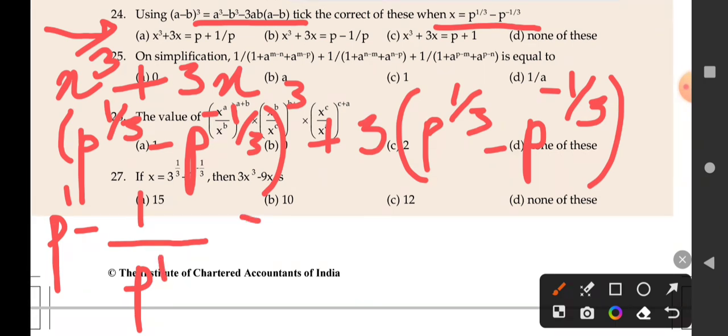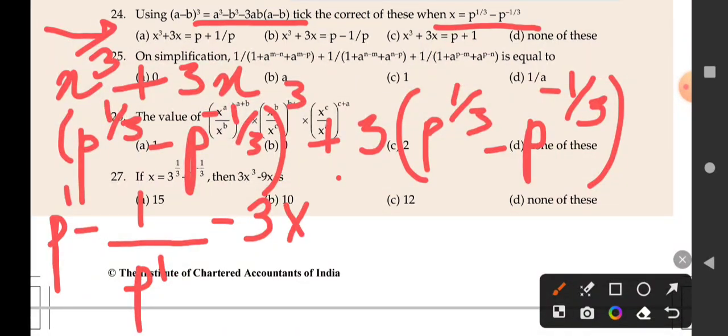Then the formula is minus 3a into a minus b, so minus 3ab. AB, if you multiply p raised to 1 by 3 into p raised to minus 1 by 3, when you add the powers, you get 0, so p raised to 0 is equal to 1. So 3 into AB is 1.